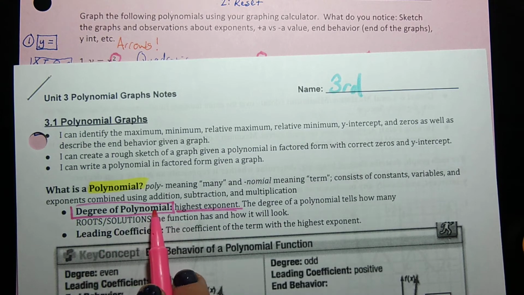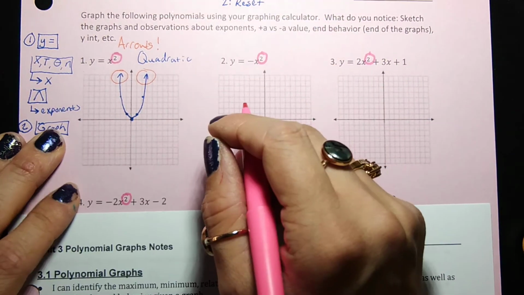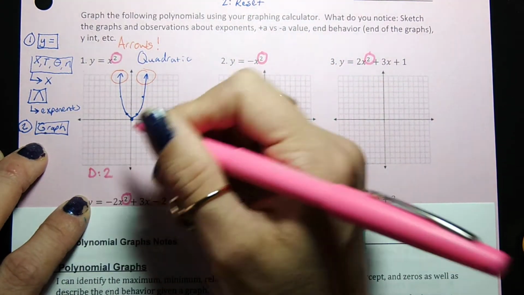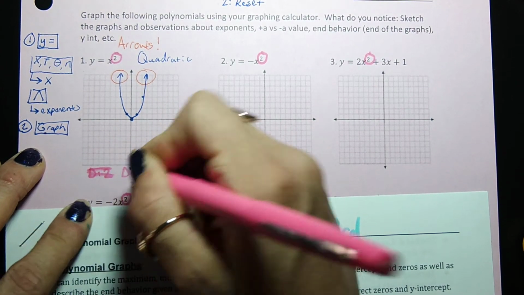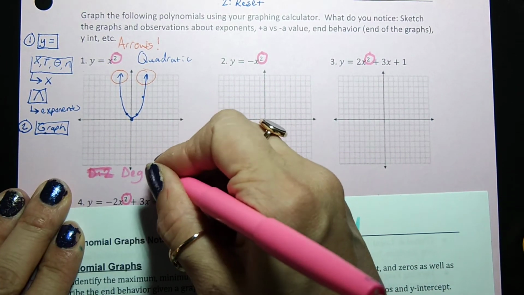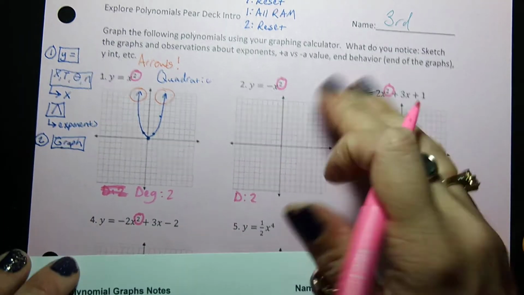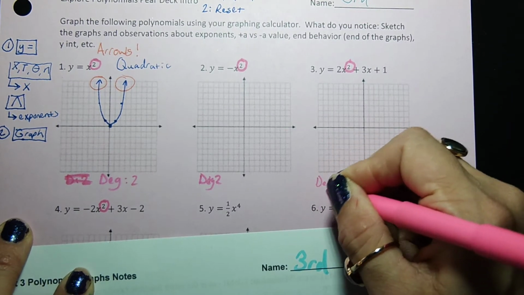So degree of a polynomial is the highest exponent. So let's just say that this is degree 2. Actually, maybe we should write out degree, or DEG, so it doesn't look like domain. Our degree is 2. This one's degree is 2. This has a degree of 2.